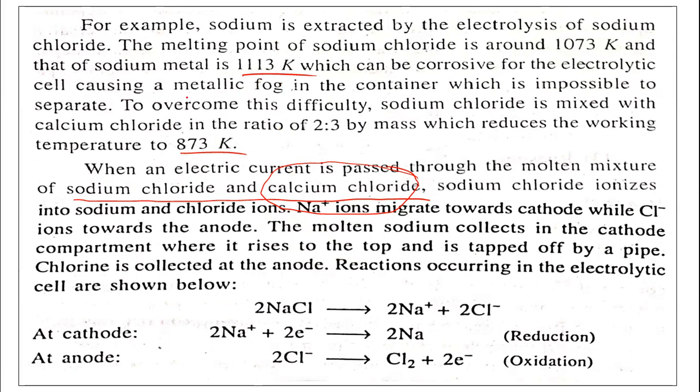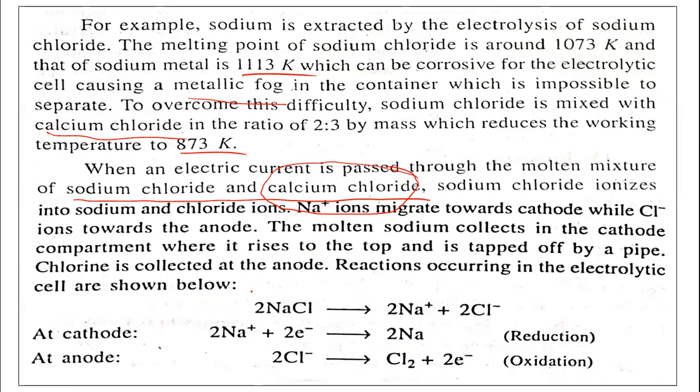There will be formation of metallic fog in the container at this high temperature. Therefore, we cannot extract sodium from sodium chloride. So we have to keep a lower temperature, and that is possible by adding calcium chloride. So in the electrolytic bath, we take sodium chloride and calcium chloride in the molten state.